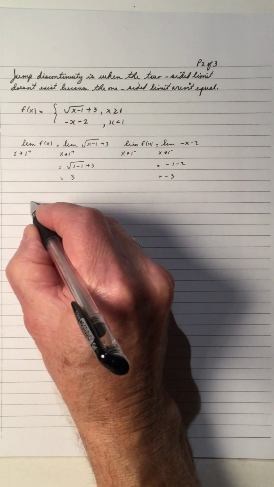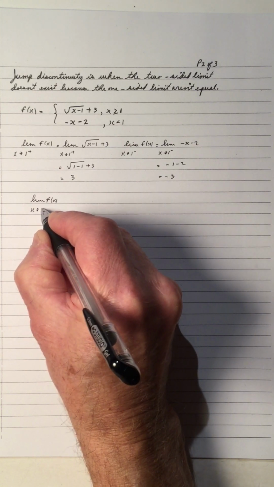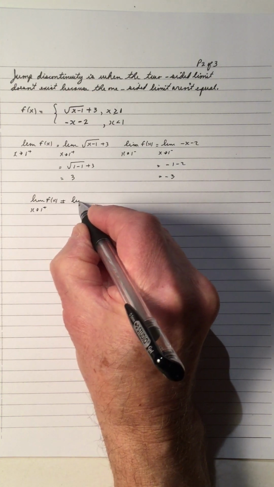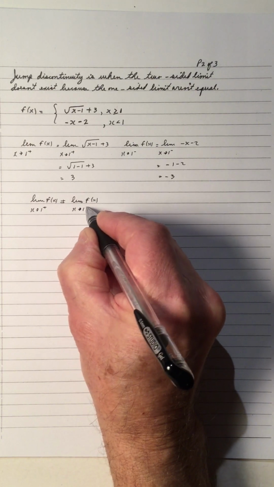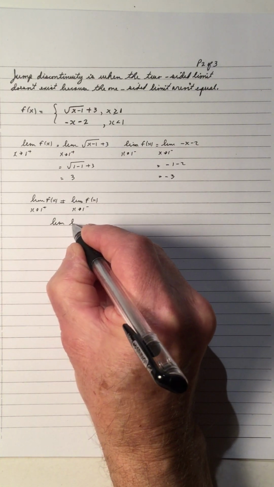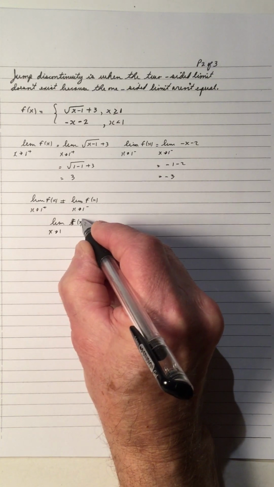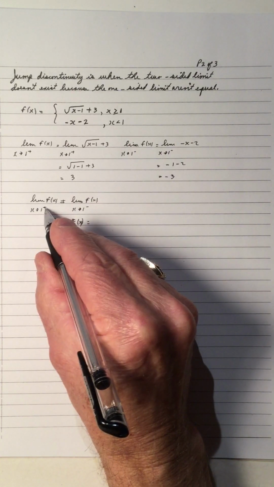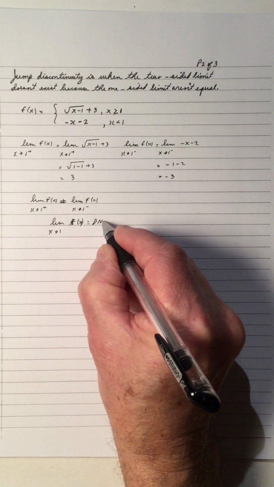So we notice that the limit of f of x as x approaches 1 on the right side is not equal to the limit of f of x as x approaches 1 on the left side. That means that the limit of f of x as x approaches 1, because the right side is not equal to the left side, does not exist.